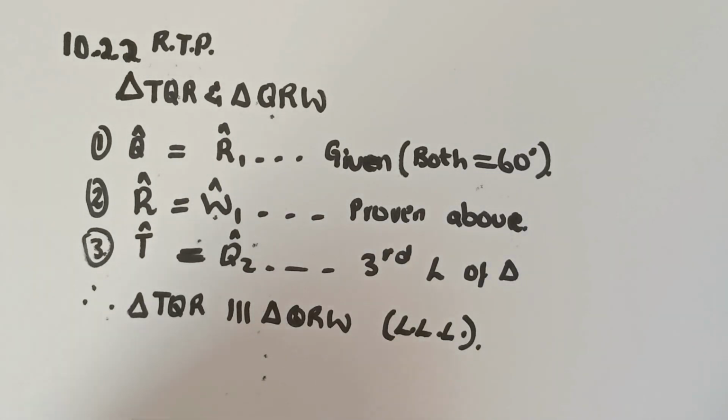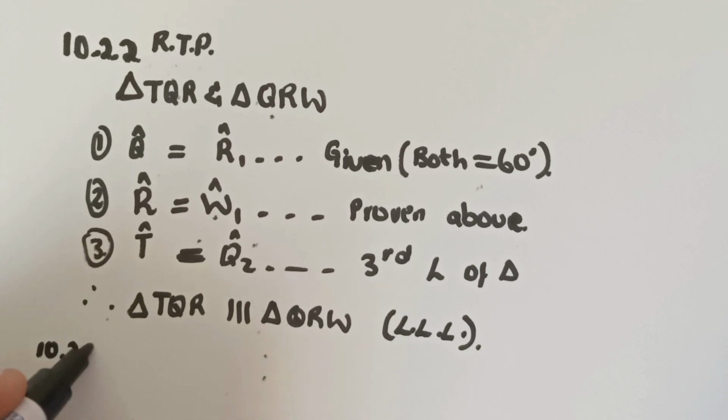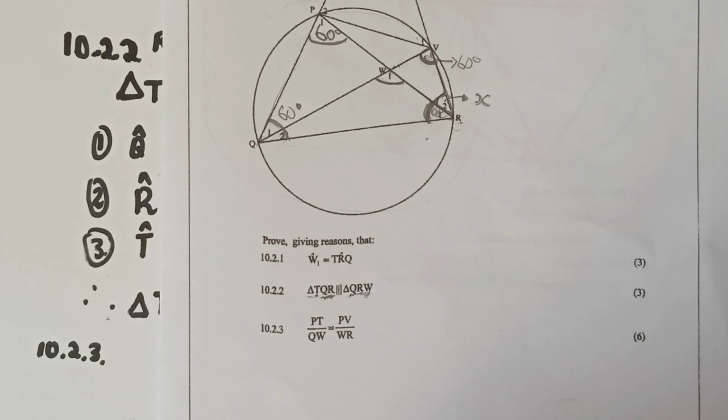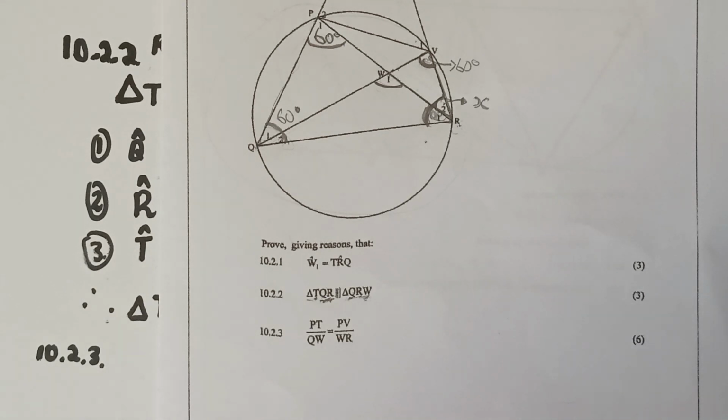And then let's get into 10.2.3. It says here, we are required to prove that PT over QW is equal to PV over WR. 6 marks. Worth 6 marks. Wow, we're going to work here.